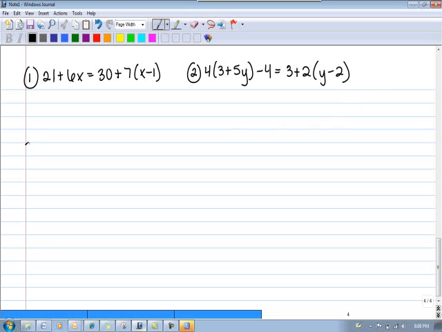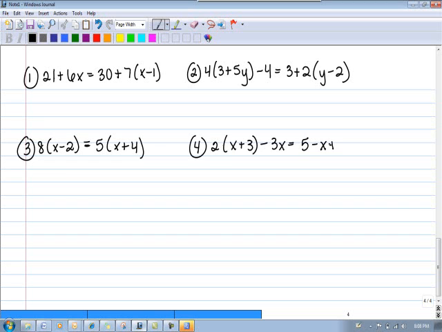Problem number 3 is 8 times x minus 2 equals 5 times x plus 4. And problem number 4, let's do 2 times x plus 3 minus 3x equals 5 minus x plus 1.